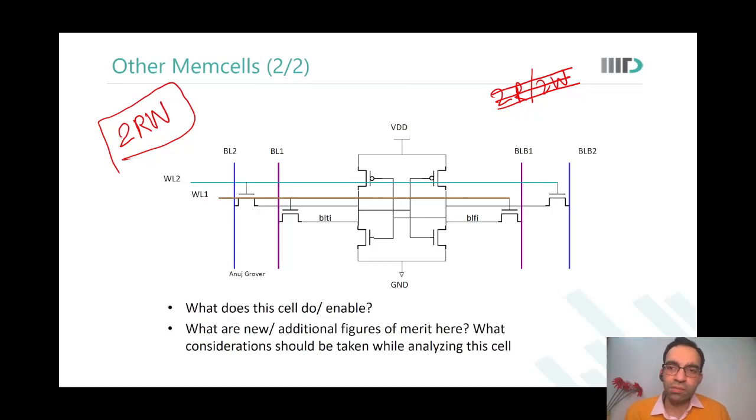What will be the worst case for stability? Word line 2 and word line 1 on at the same time. Yes, both the ports on at the same time. That is the worst case for stability. Is that also the worst case for read current? Yeah, more current will flow. What would be the worst case for write operation?